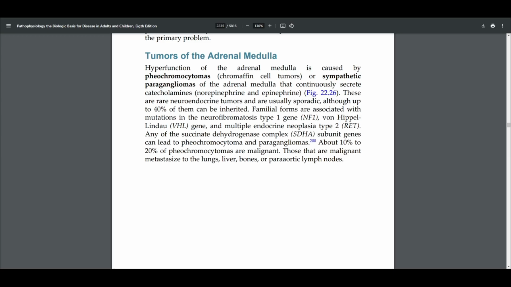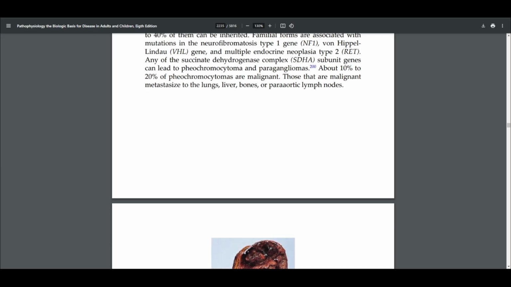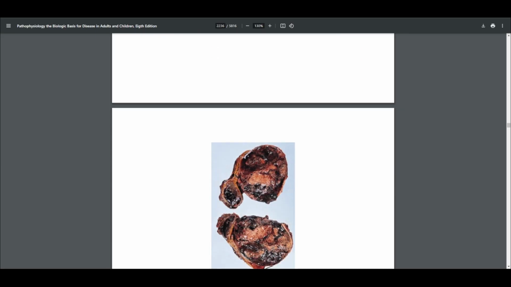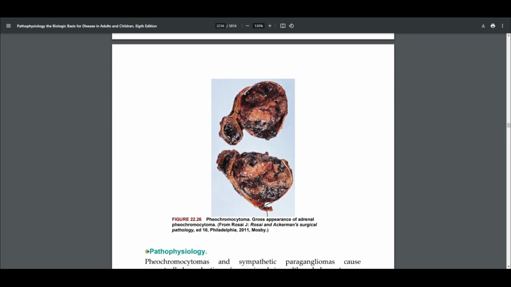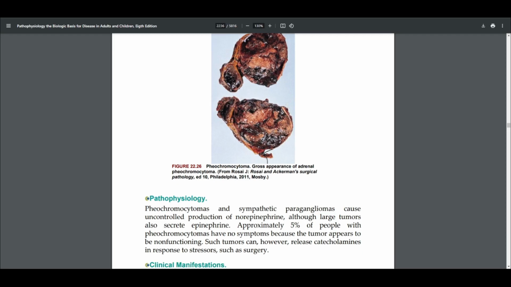About 10% to 20% of pheochromocytomas are malignant. Those that are malignant metastasize to lungs, liver, bones, and para-aortic lymph nodes. That is a picture of a pheochromocytoma.